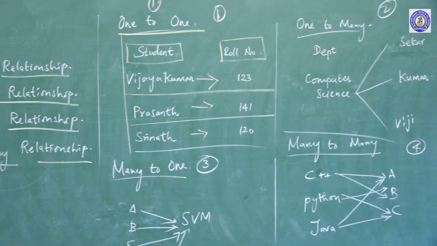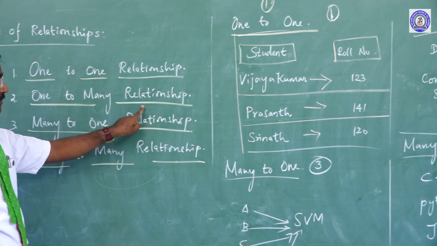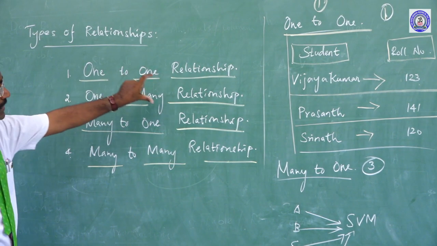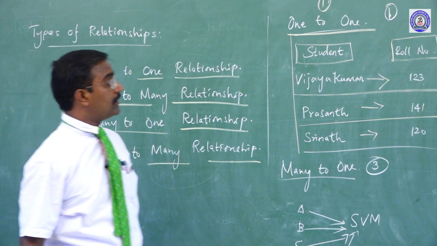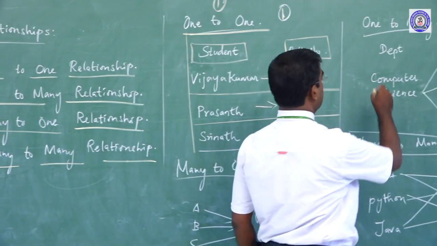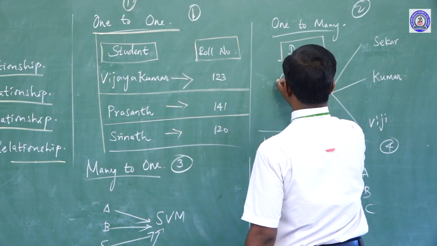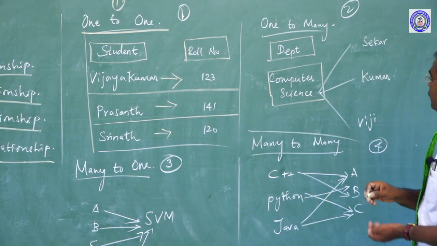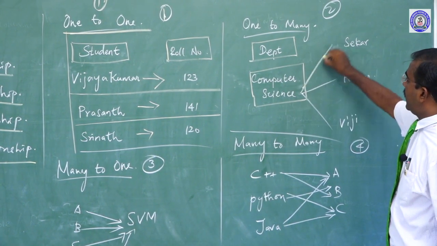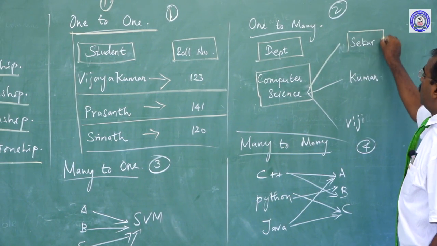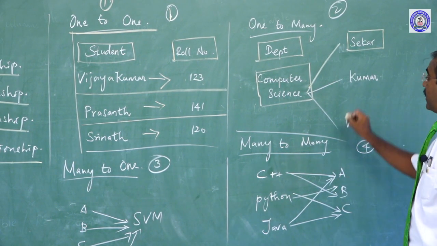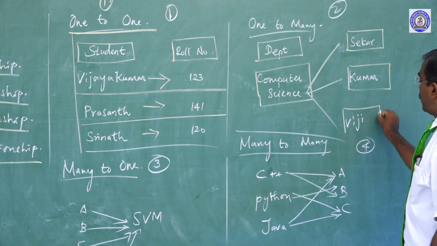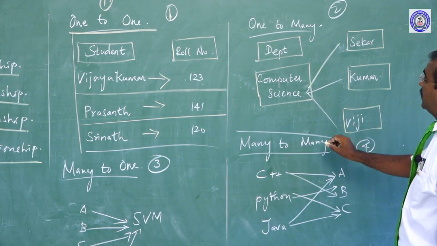Now can I say about the one-to-many relationship? How, sir? In this one-to-many relationship, the department is computer science. In this computer science department, Shekhar is one of the staff members, Kumar is also one of the staff members, and Vijay is also one of the staff members.